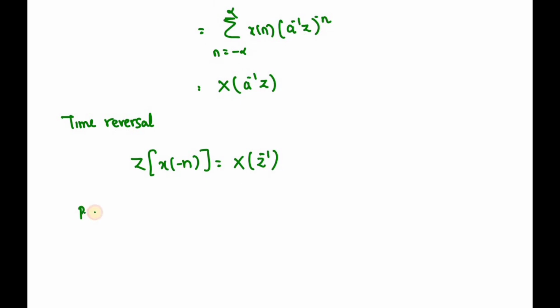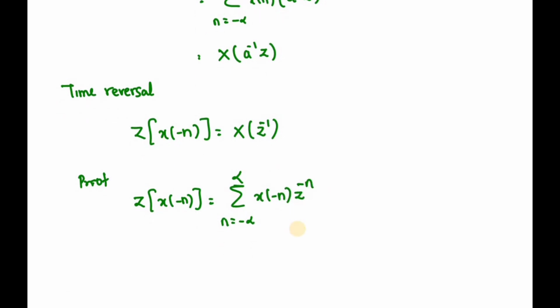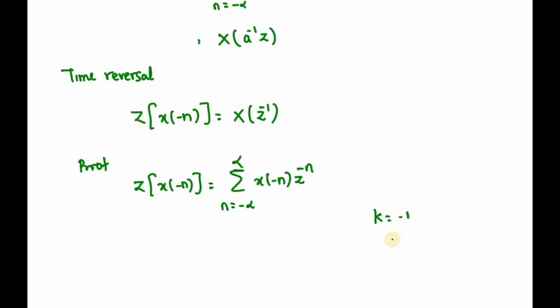So the proof is: the Z transform of x of minus n is equal to summation n equal to minus infinity to infinity x of minus n z power minus n. So if I take k equal to minus n, the limits go from n equal to minus infinity to plus infinity, that is k equal to plus infinity to minus infinity. If you substitute, I will get summation k equal to minus infinity to infinity x of k z power plus k.